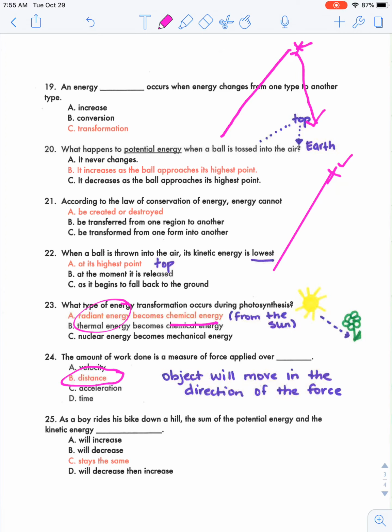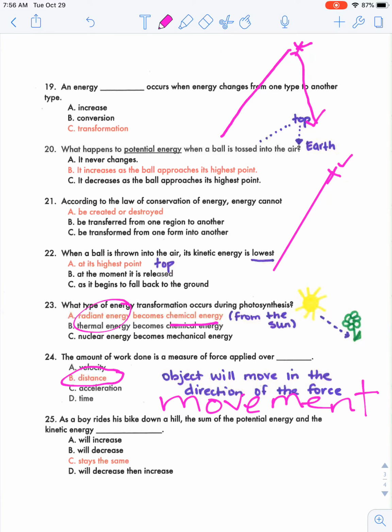As soon as I released the force, the chair stopped. When I pulled it towards me, then the object moved in the direction of the force, so it moved towards me. So either away when you push or towards you when you pull, but it's going to move in the direction of the force, and there has to be movement for work to be done.